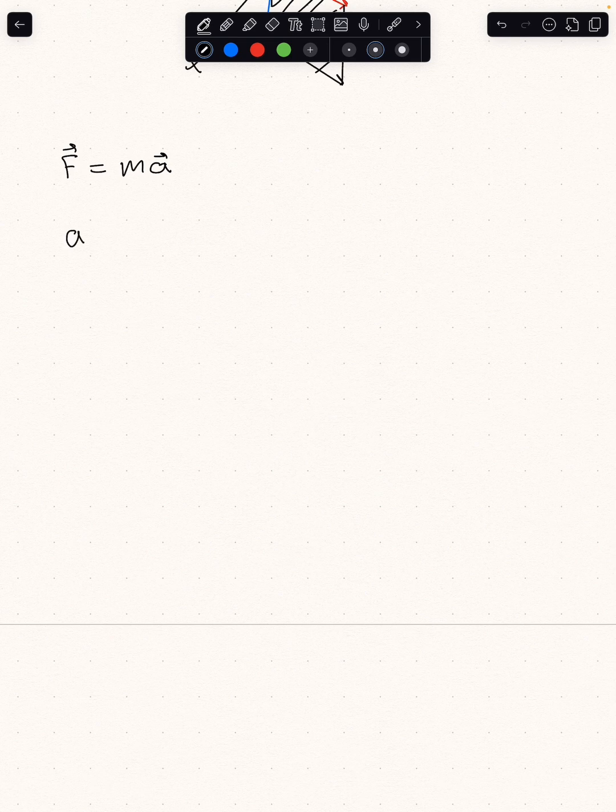All right, so we have a, which is equal to the first time derivative of velocity, and that is going to be denoted as v dot. This dot above it represents the time derivative. And the second derivative of position, these are both vectors, is going to be acceleration, and that's going to be noted by two dots.